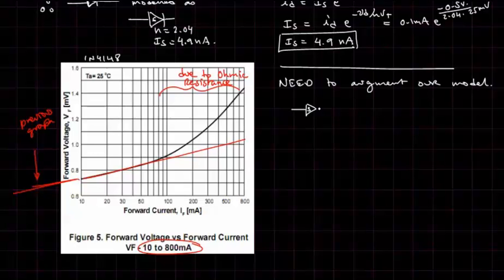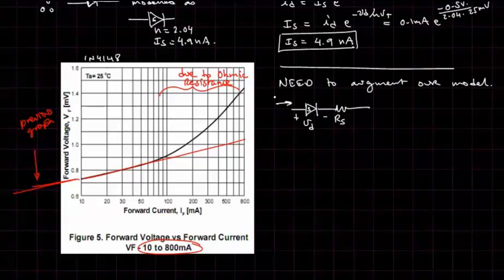So we'll start with the Shockley diode model, and we'll just add a resistance RS, or sometimes we call it RD. This voltage here I'm going to call VD.